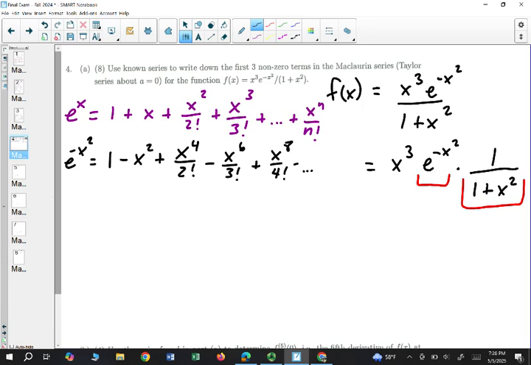Okay, as far as our 1 over 1 plus x squared, this reminds me of the Maclaurin series for 1 over 1 minus x.